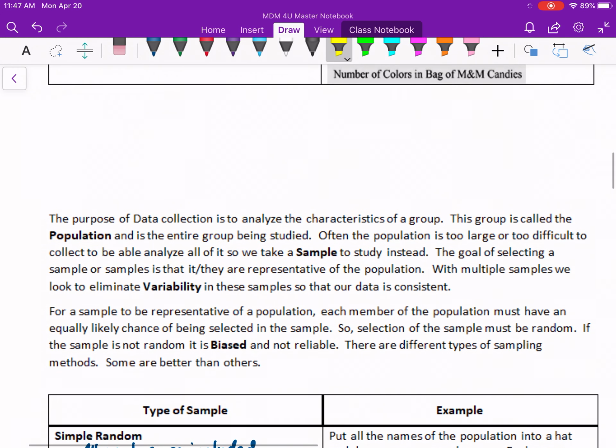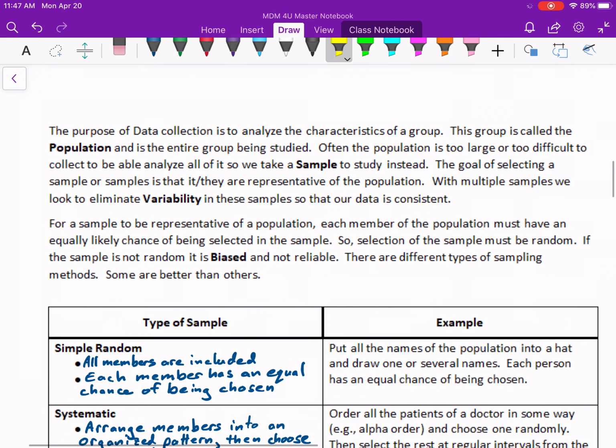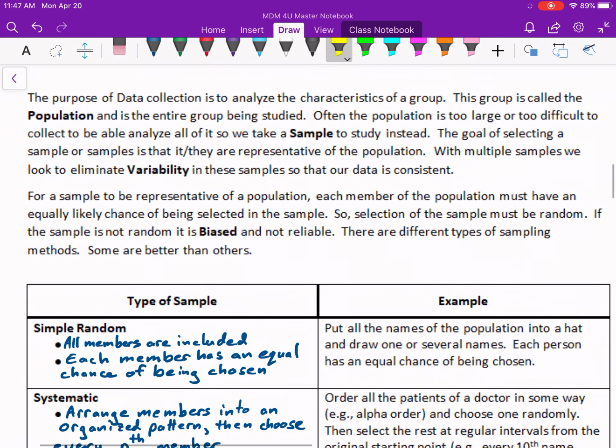Now I'm just going to get all the definitions out there first, and then I'll get to the examples afterwards. So another thing that we want to look at is some definitions like population, sample, and so on. So we need to go back to, again, think about what the purpose of data collection is. The reason is so that we can analyze things, we can learn things about the world.